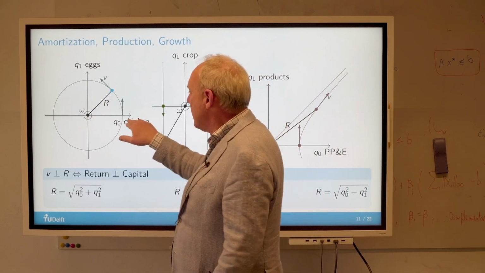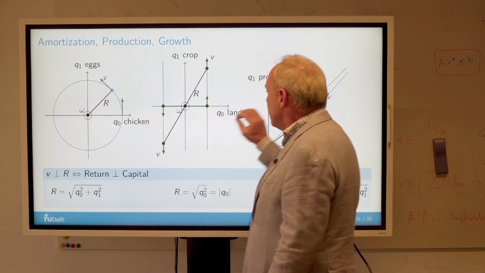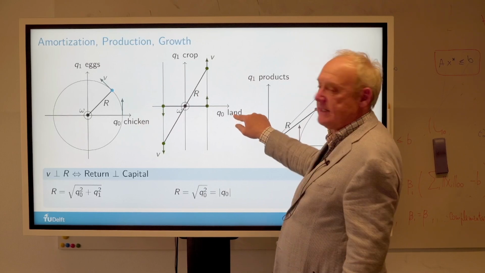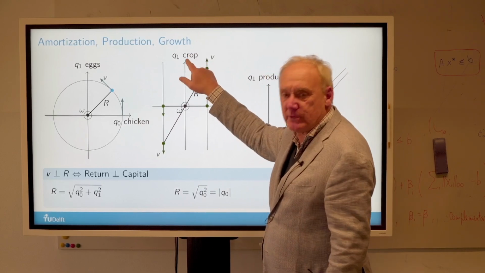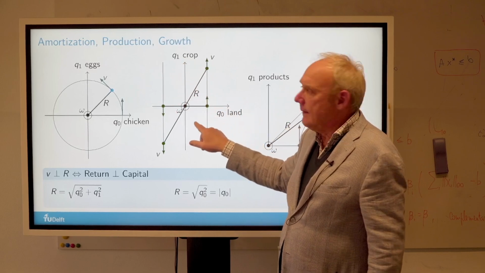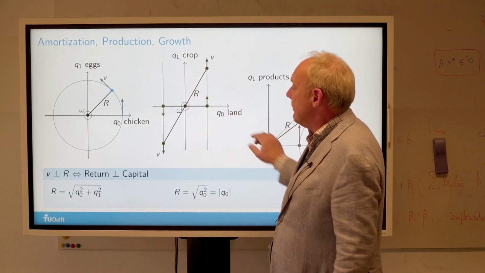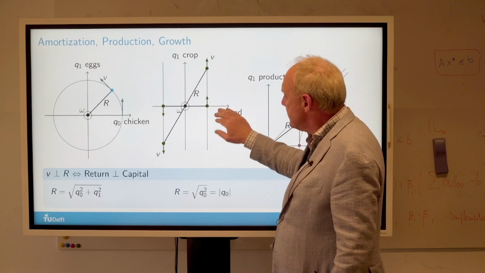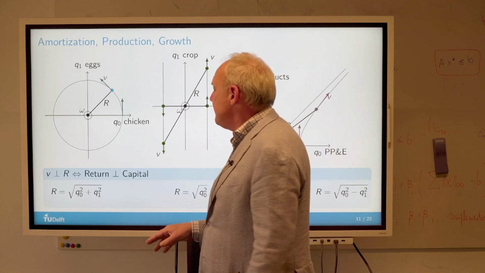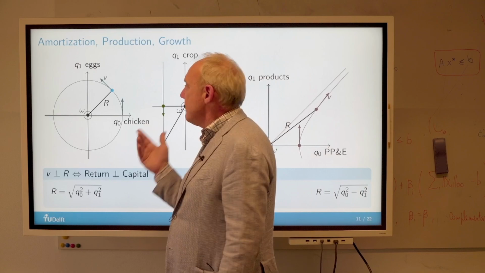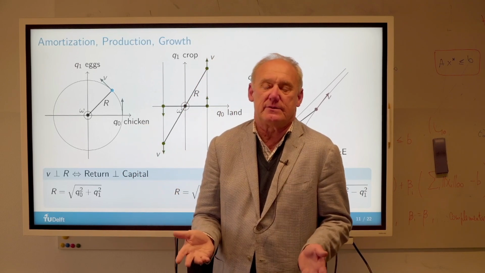And if you look closely at this, so here you can really identify which must be the capital, and here which must be the capital, and which must be the return, okay? Or the resources, I'd say, rather than capital. Capital, I think, is the radius, and here you can't. So what's going on? What's going on is that if you have a chicken farm, you can take two perspectives, okay?